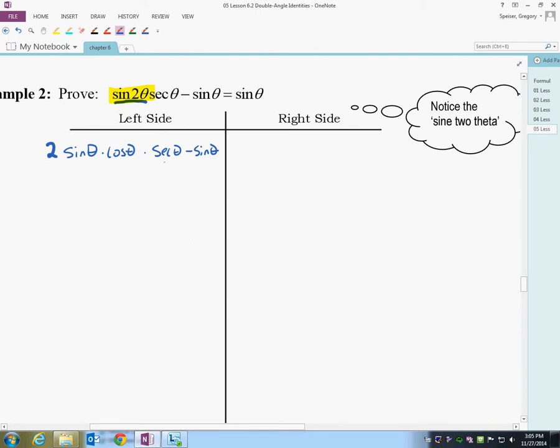Okay, so I'll just highlight what I did. So that became that. In the next line, I'll take my secant of theta and change it into 1 over cos. 2 times the sine of theta times the cos of theta times 1 over cos, minus the sine of theta.